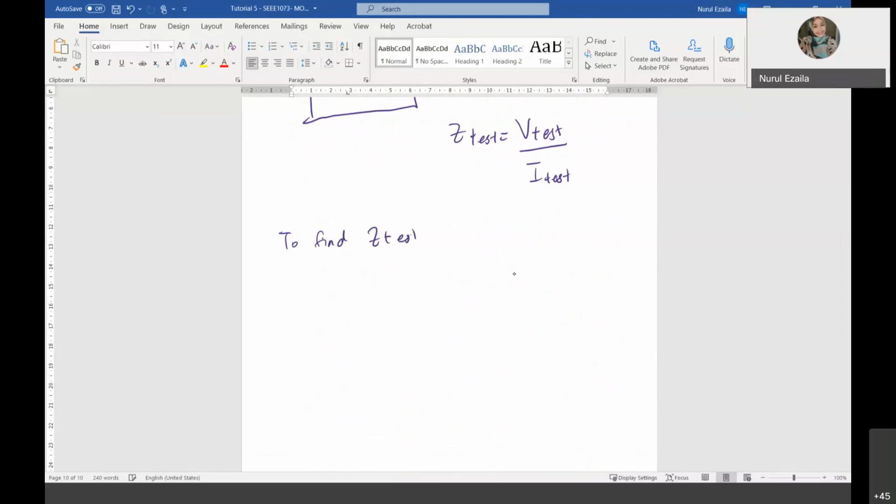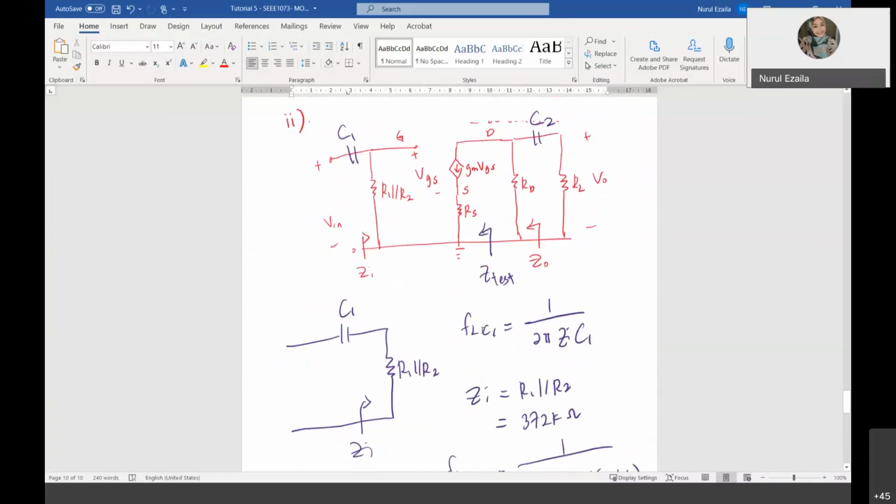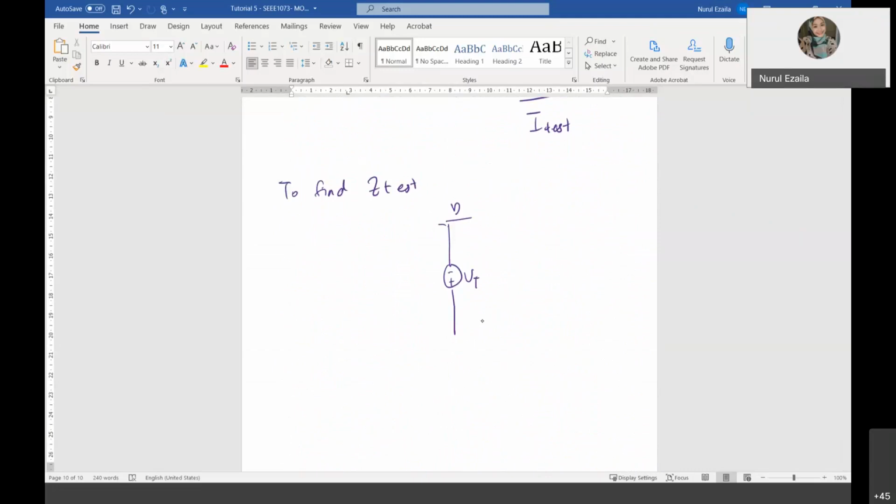So you inject over here. You have here the drain, so this is your V test, I test. Then over here you have gm VGS, this is RS, and over here you have plus minus VGS, this is your gate.